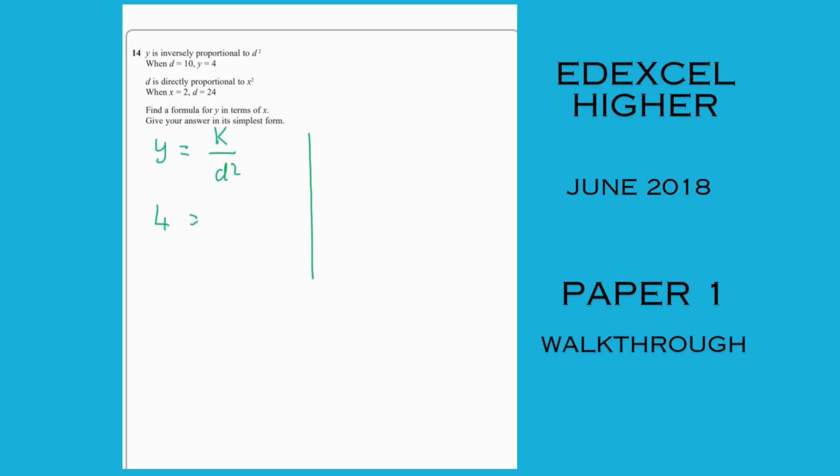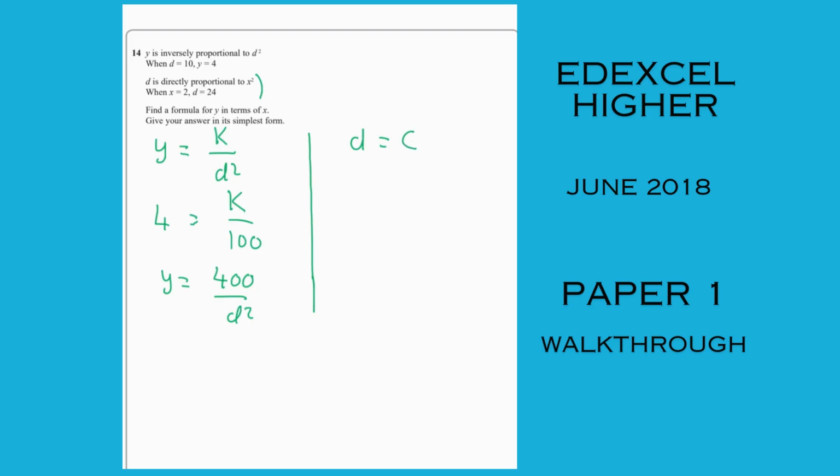Replace the Y with 4. Replace the D with 10. 10 squared. So as you can see, K is 400. So we've got our first equation. Now we can move on to phase 2. D is directly proportional.